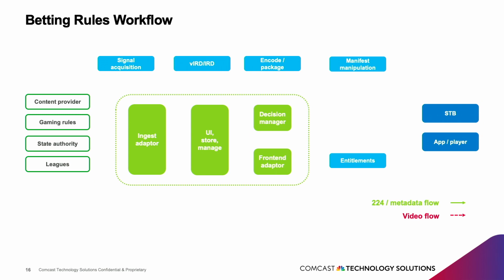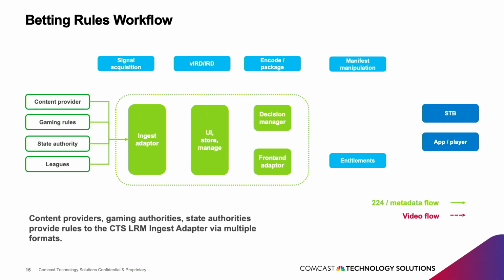So this is an example of how a workflow could work relating to betting rules. What you'll see on the left is not only the content provider, but the gaming rules elements, the state authorities, the leagues, providing all of the data in order to create the ecosystem for betting. So the content providers, the gaming authorities, and state authorities provide the rules.